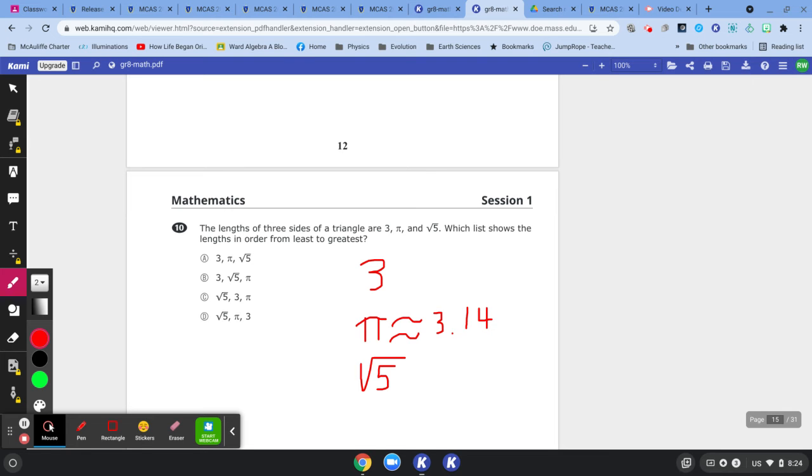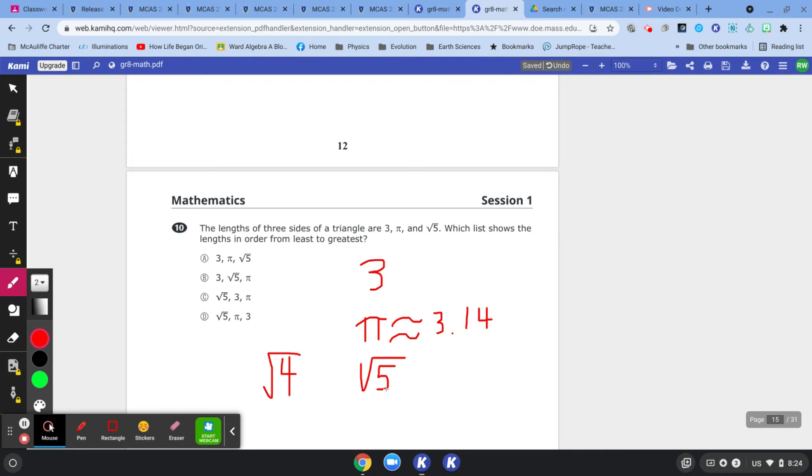A useful thing would be to think about what the next perfect squares are just above and below it. The nearest perfect square below it is 4, so we can say the square root of 4 is less than the square root of 5.